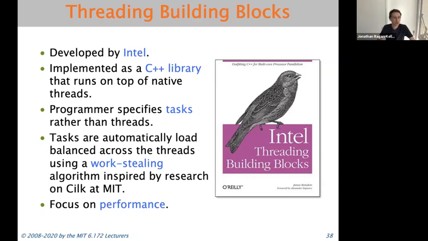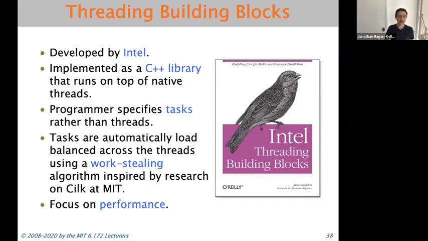And in general, threading building blocks raises the level of abstraction from threads, which are basically just independent logical processors running separate programs in a sense, to what we call tasks, which are a little bit closer to function call and return.